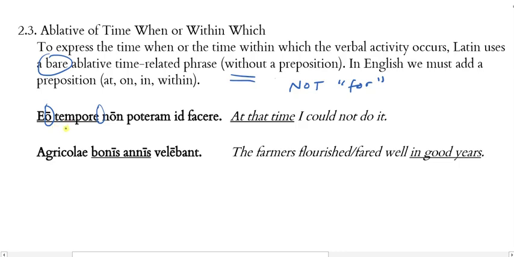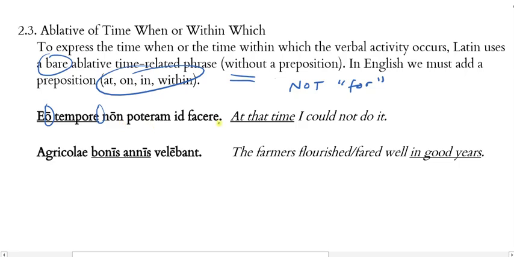Now, since it's an ablative time expression but without any preposition, we're going to translate it using one of these prepositions here. So at that time. You might want to translate this as simply that time, but remember, ablative is locating something in time. So at that time.